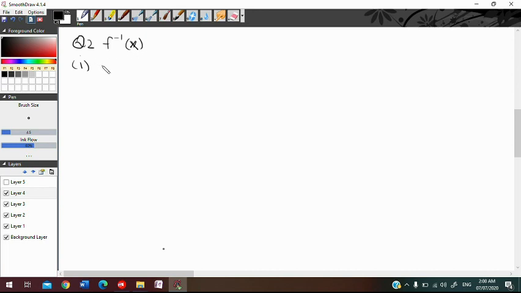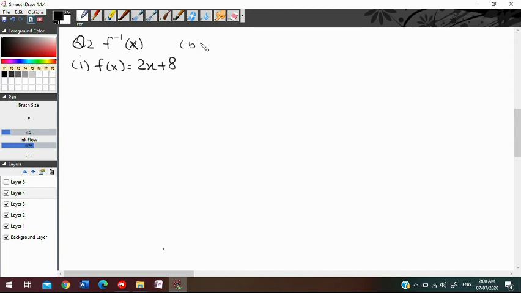The first part is f of x is equal to 2x plus 8, for which we have to find f inverse of x.